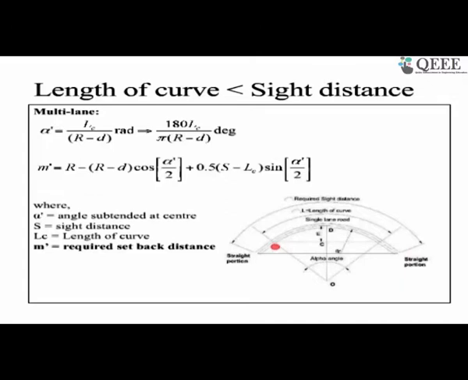So your angle is only this much, right? So that angle when you are estimating is alpha equal to LC, which is your length of the curve up to this much, divided by r minus d, the way we calculated r minus d for a multi-lane. If it is single lane, it's only r. That radian, you convert it into degrees.